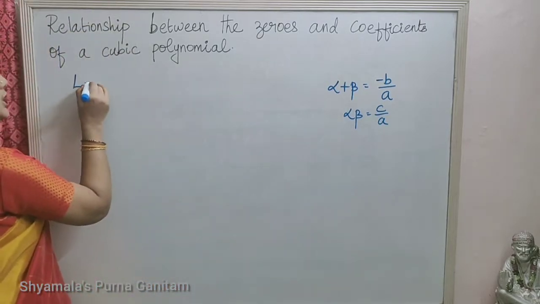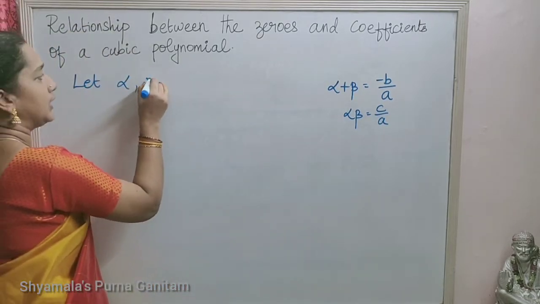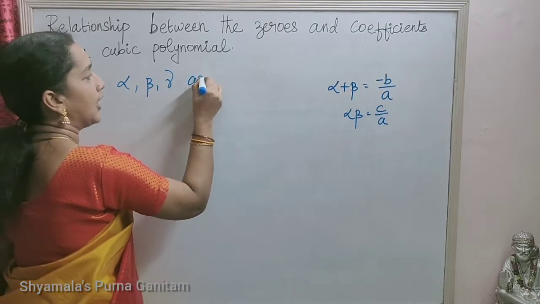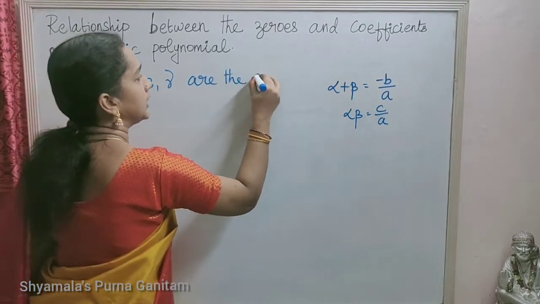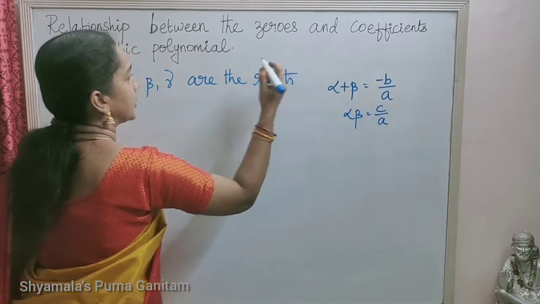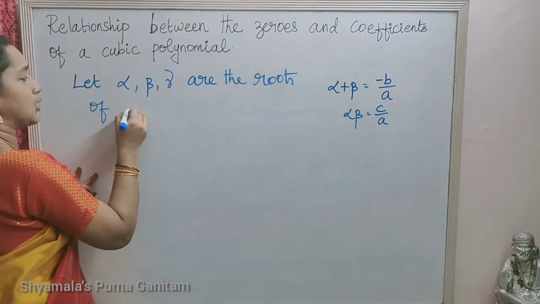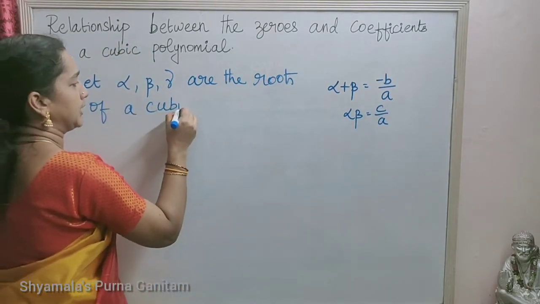Let alpha, beta, gamma be the roots of the cubic polynomial.